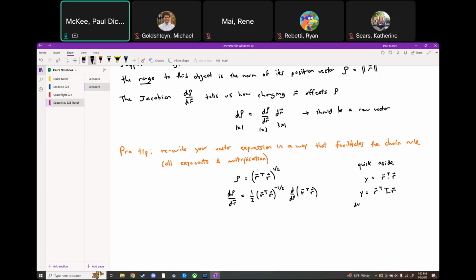The derivative of Y with respect to R would end up being R transpose identity matrix transpose plus identity matrix, which is just the same thing as 2R transpose.